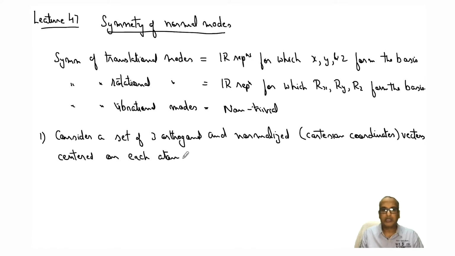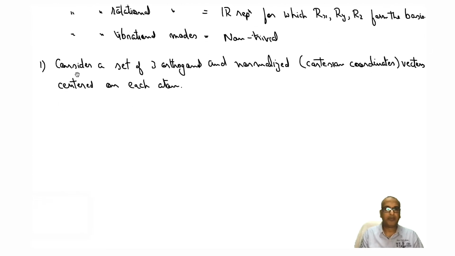We will go through this step by step, but let us first see what the steps involved are. All of this which we are doing is to find out the symmetry of vibrational modes. So first, consider a set of 3 vectors which are orthogonal and normalized, that is Cartesian coordinates, centered on each atom. Okay, so that would mean that if there are n atoms, there would be 3n such vectors, right?